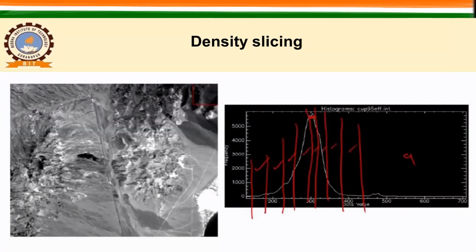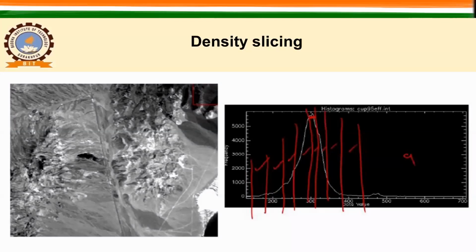This is one example here. This is the raw image where you have this particular histogram, and if you select only this particular value range, then only these DN values will be highlighted. Accordingly, you can make different sectors and say this is my first class, second class, third class, fourth class, fifth, sixth, seventh, eighth, and the rest is ninth.